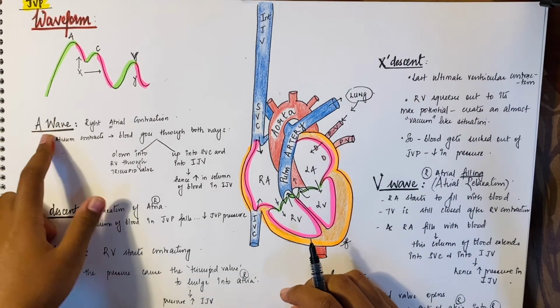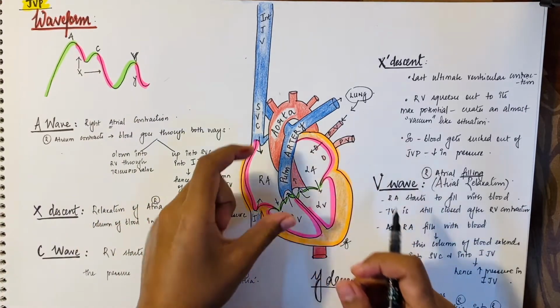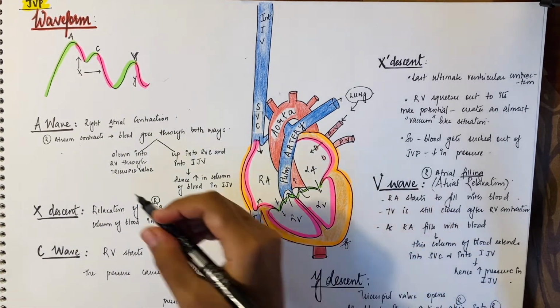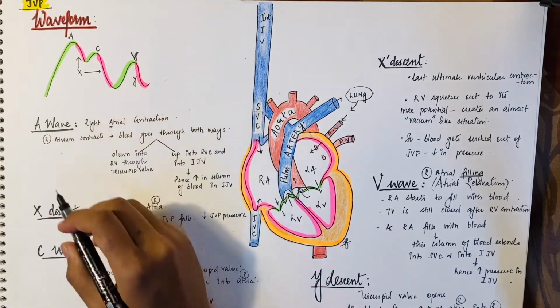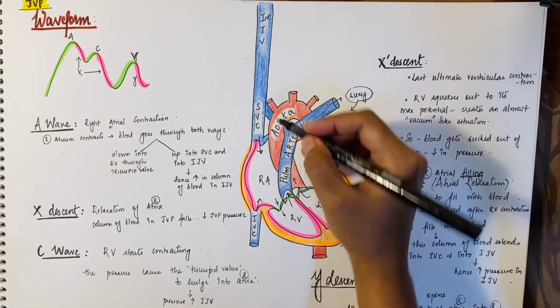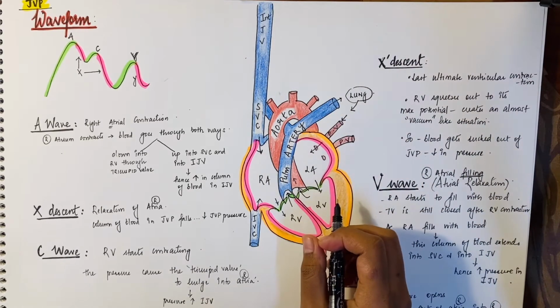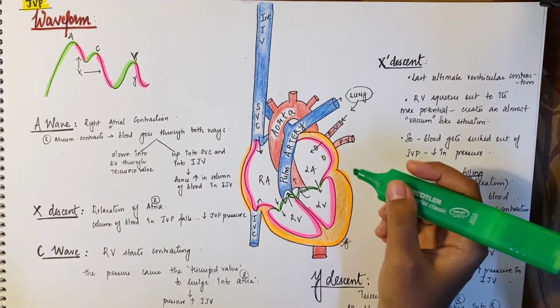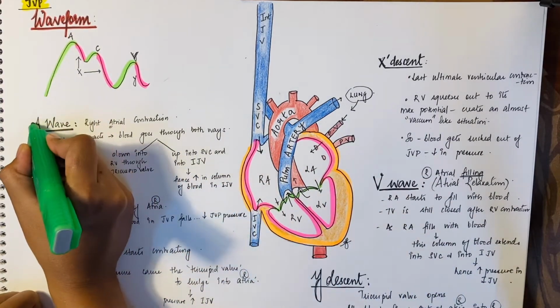The A wave is due to atrial contraction. Let me just clarify: these upstrokes are all about when the pressure is rising in the internal jugular vein, and downstrokes are when it's falling. So the A wave is an upstroke, as we can see. Here the right atrium contracts.